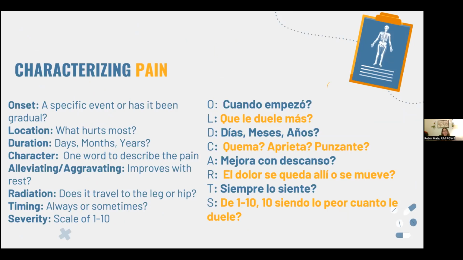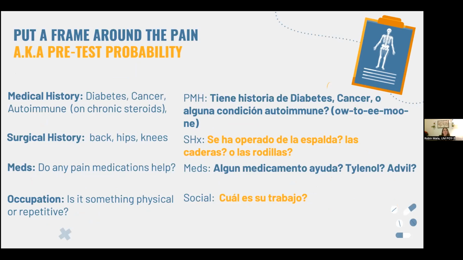These are, again, the same slides that we talked about previously, but if you want to take a screenshot, it's here. Again, I just boiled this down to the things that I need to know the answer to when I walk out of the room so I can present. And then next slide. Same thing, put a frame.